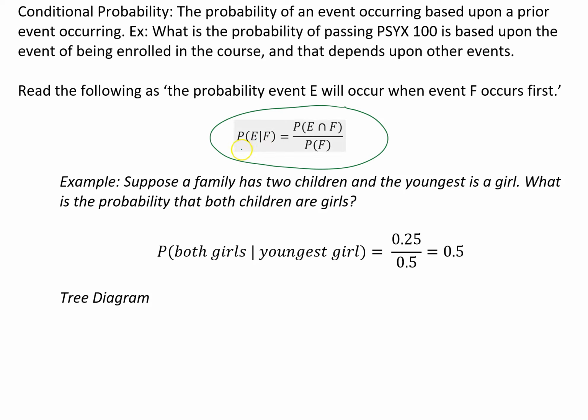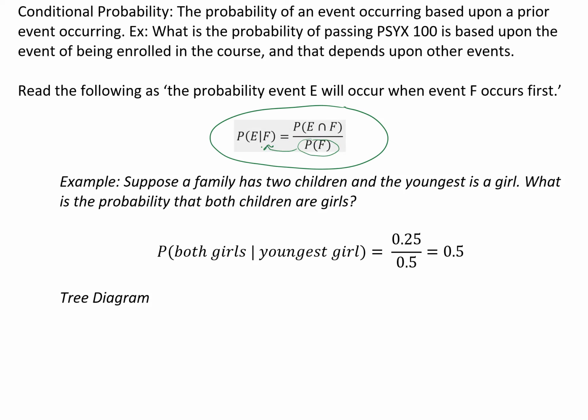The calculation for the probability of E occurring when event F occurs is equal to the numerator of the probability E intersect F divided by the probability of F. And notice this denominator that we're dividing by happens to match the given situation.